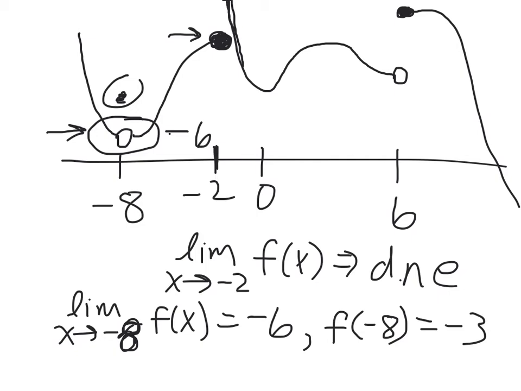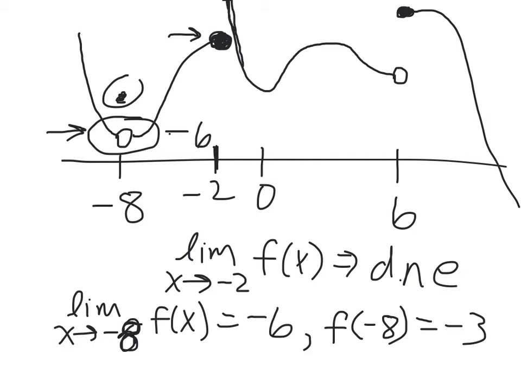So the limit exists at -8. The function value exists, but they're not the same value, which leads us into, what do we call that? Discontinuity. It is not continuous at -8 because even though the limit exists and the function is defined, they're not equal to each other.